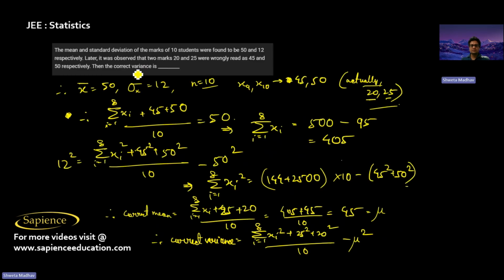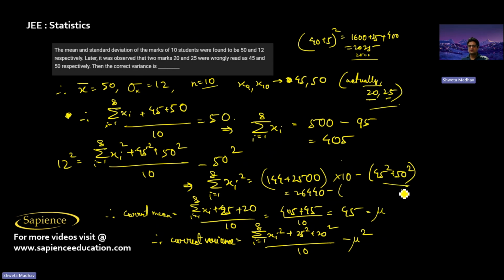So that will be equal to summation xi square, that is this, 26440, minus 45 square plus 50 square. The 45 square is (40 plus 5) whole square. So this is 1600 plus 25 plus 400, this is 2025. 2025 plus 2500, that is 4525.